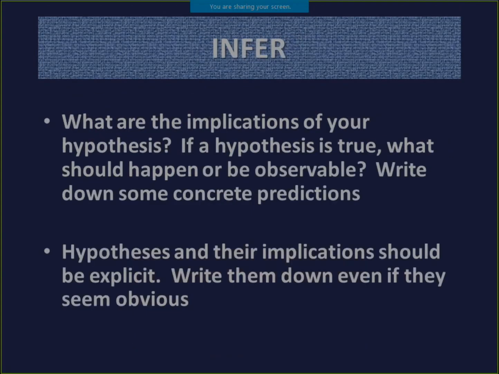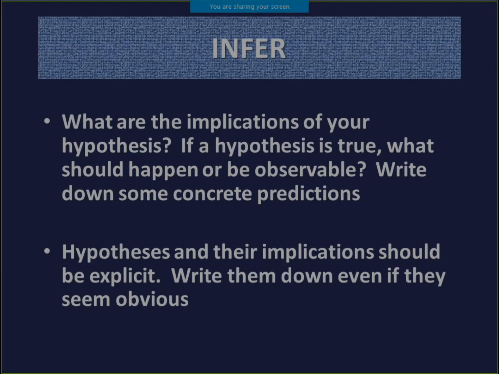The next step is to infer, and this is crucial because you're going to be basing your experiments on these inferences. What are the implications of your hypothesis? If it's true, or if it's going to be refuted, what do you expect to find? And you need to be clear here in order to set up tests that are going to clearly and logically connect back to your hypotheses.